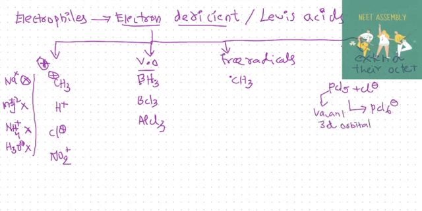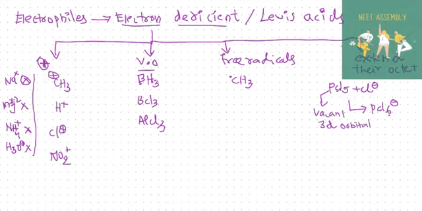Here it has 10 electrons on phosphorus, plus 2 electrons from each of the 6 chlorine atoms, 6 into 2, 12 electrons. So phosphorus is extending its octet. All these are electrophiles.